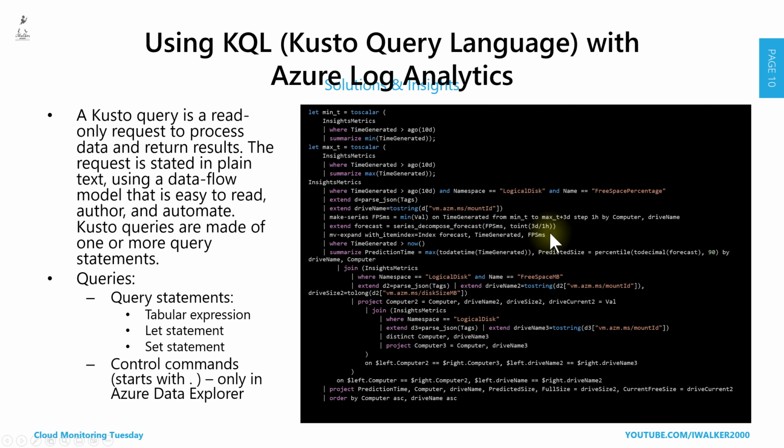But to get the data from the tables, we need some tool, and this tool is named Kusto Query Language, or KQL, that works with Azure Log Analytics, not only with Azure Log Analytics, but anyway with this as the main one. The most important part to understand is that Kusto Query Language is for read-only requests.